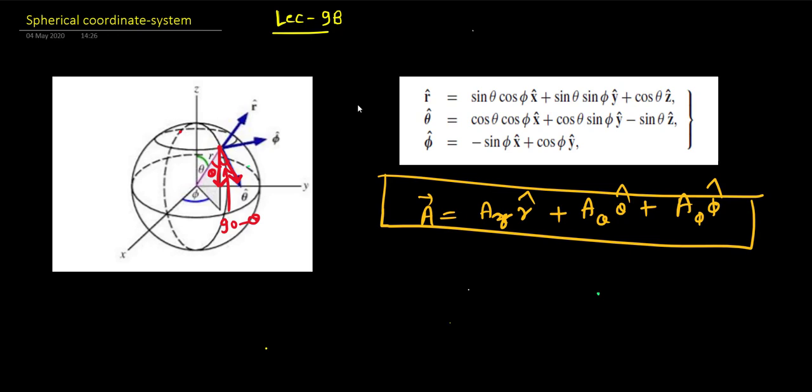So this yellow component, if this is the theta cap, would be theta cap sine theta. And the other component would be theta cap cos theta.